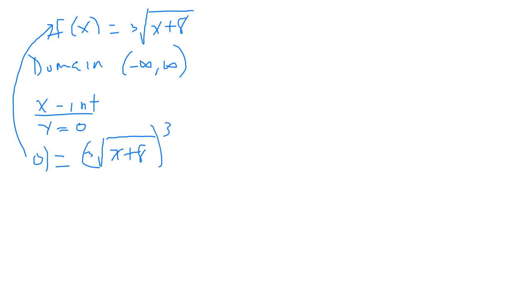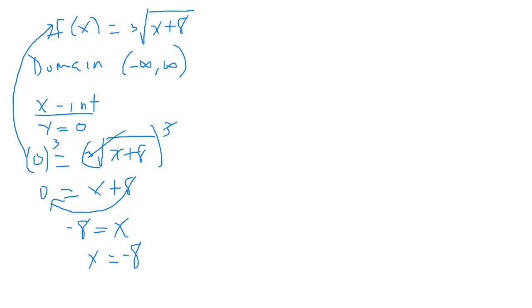Now you cube this, and then you cube that. 0 cubed is 0, of course. This cancels out. You have x plus 8. So you move this there. You have x equals negative 8. So remember, it's the same thing. So we have x equals negative 8 when y is 0.